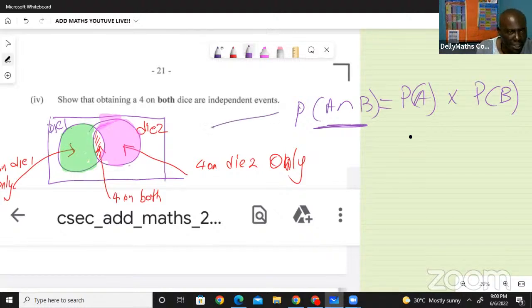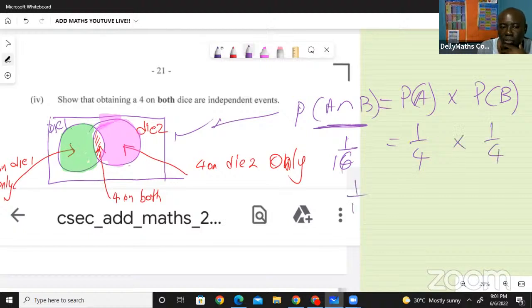This is okay to show. And then you could show this like die 1, die 2. When they intersect, we get 1/16. And you could check this. I get 1/4 to get a 4 on die 1, and 1/4 to get a 4 on die 2.